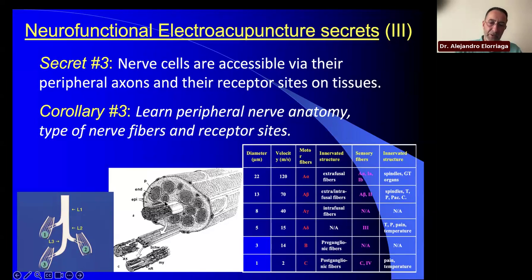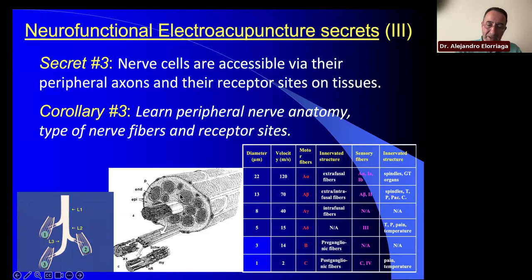So this nervi nervorum and this vasa nervorum oftentimes are the origin of the dysfunction that produces a nerve problem without the nerve having any structural, microstructural problem. And these nervi nervorum have been associated with neuropathic pain. So I invite you to do some reading on this topic, nervi nervorum.